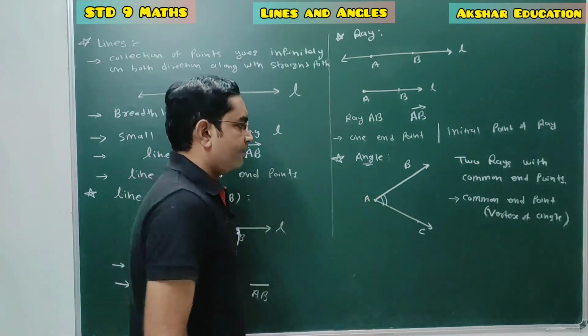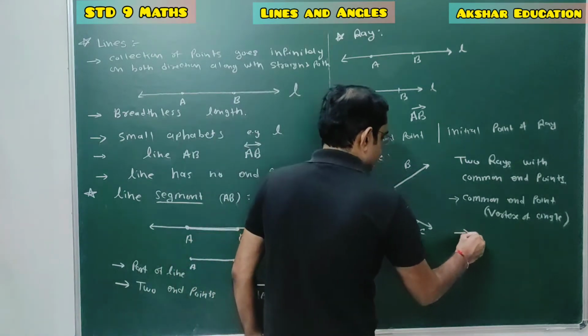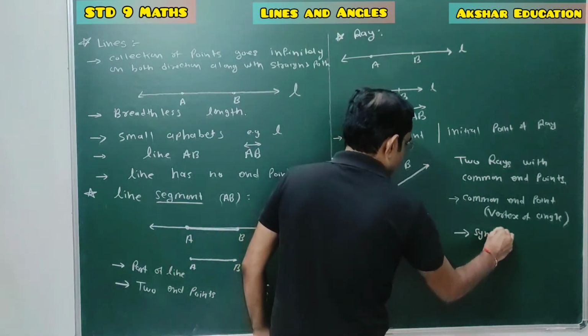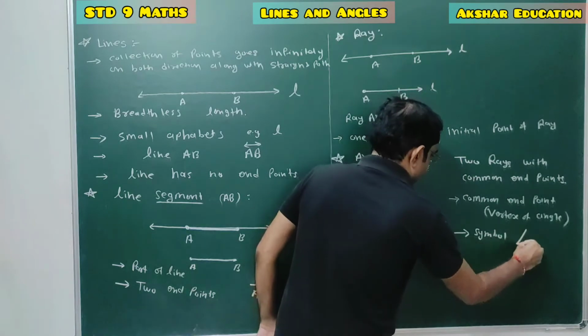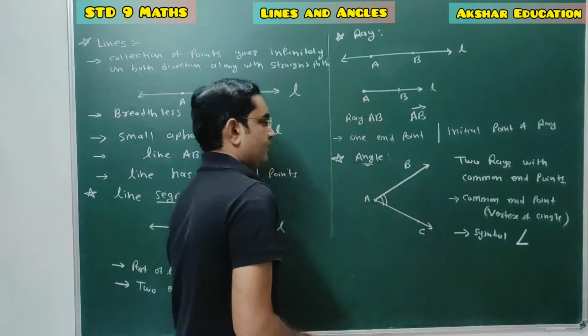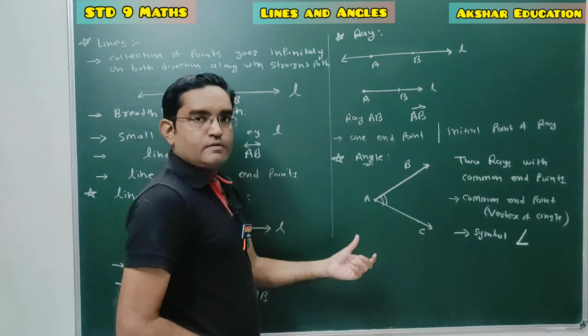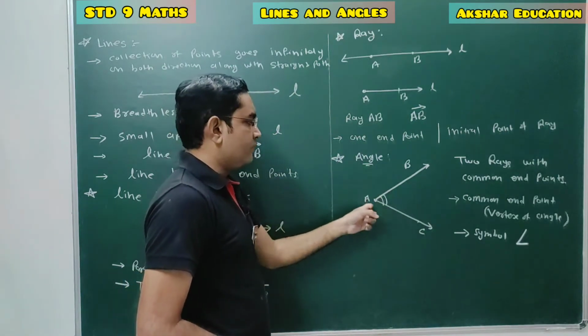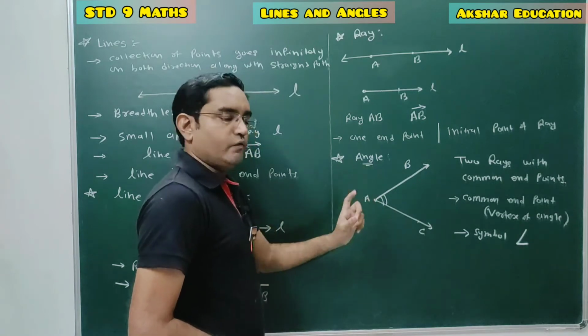Now this angle can be represented by this symbol. This is the symbol used to represent the angle, and it can be named in two ways. Either you can use three alphabets or only one alphabet.